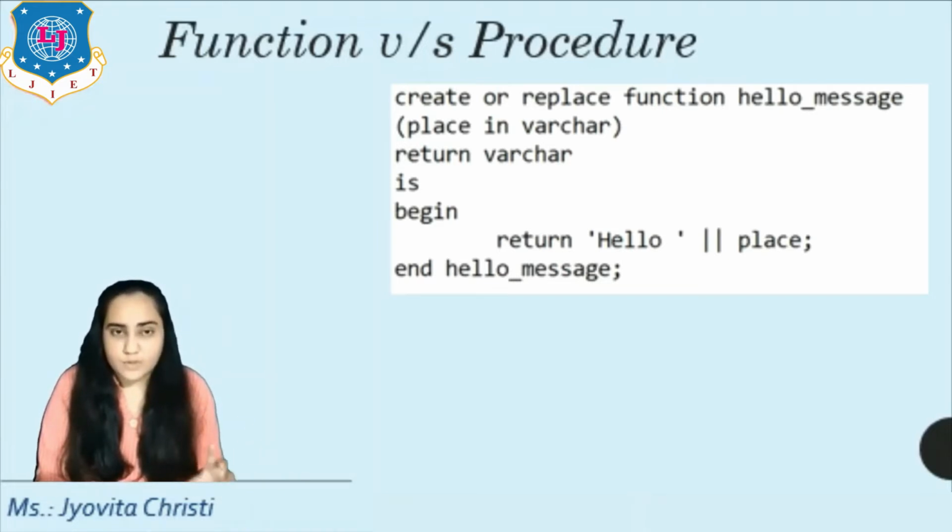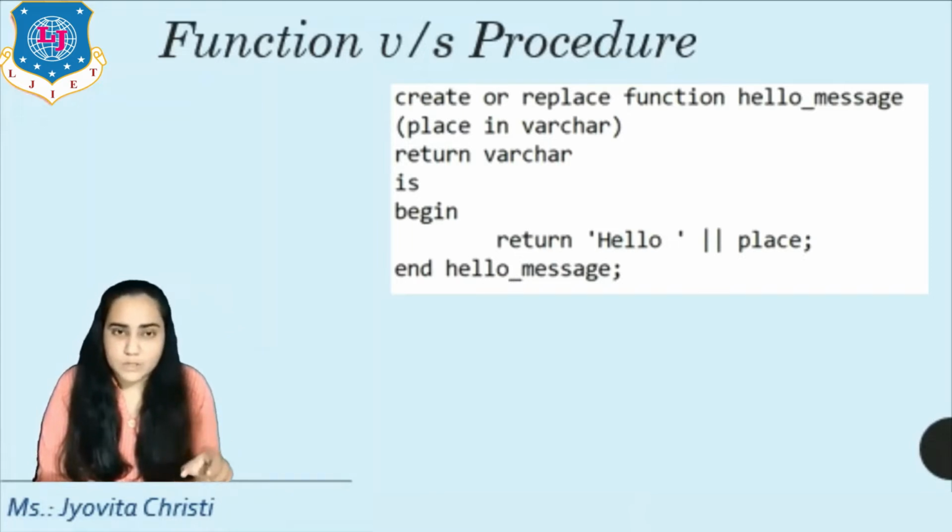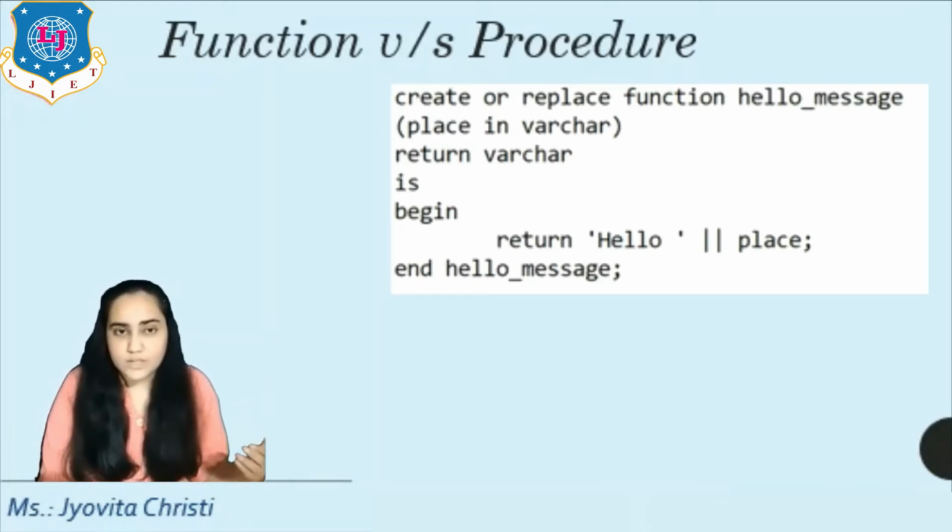You see there is a return clause given right at the bottom, and there's also this return clause mentioned after mentioning the parameter to be taken. This return clause allows you to return some value to the PL/SQL block that is actually trying to call this procedure, this function.